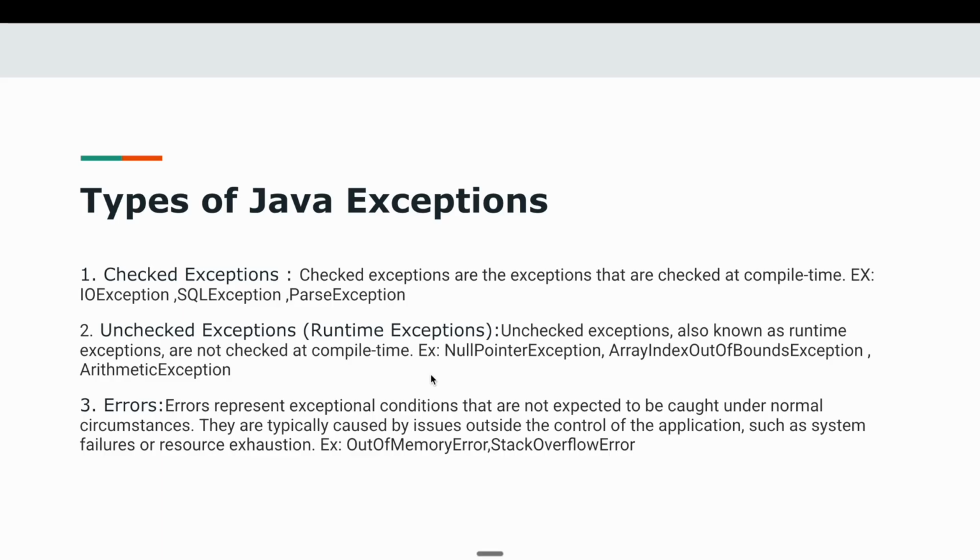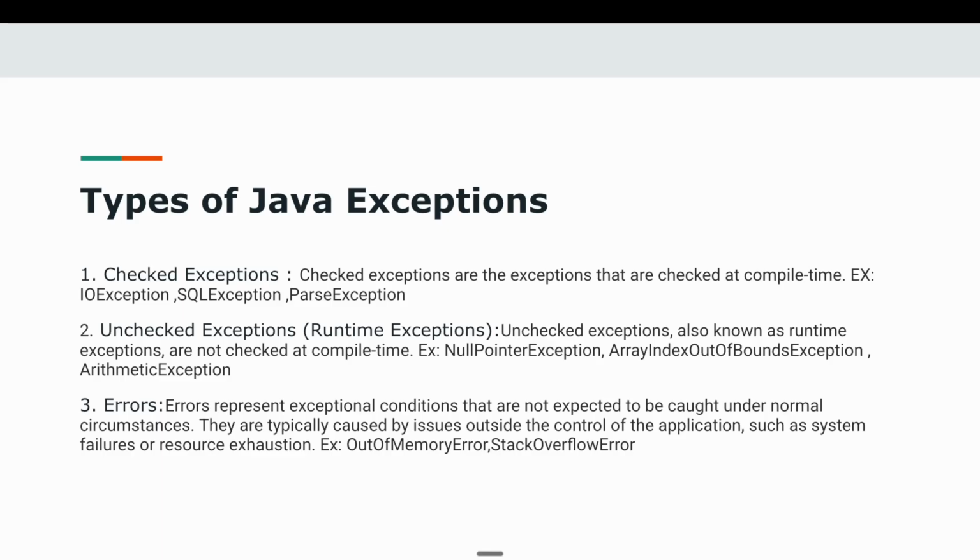Error is the other one, which happens when your stack memory is full or the memory in your system is full. Errors represent exceptional conditions that are not expected to be caught under normal circumstances.